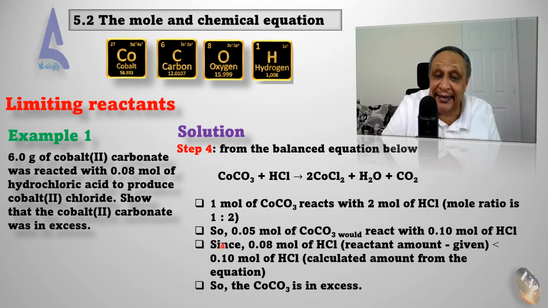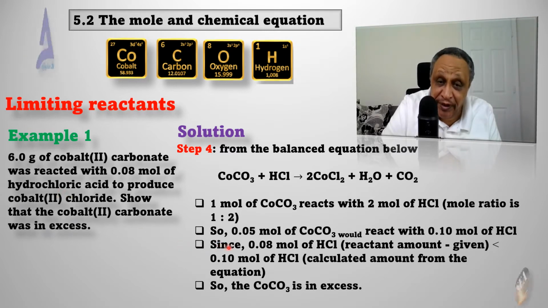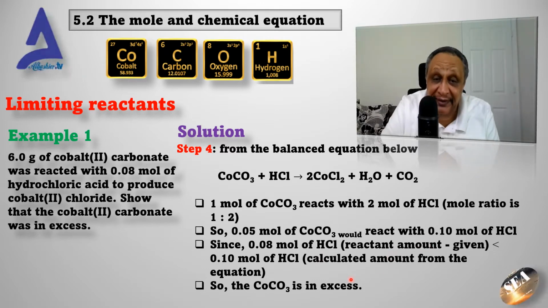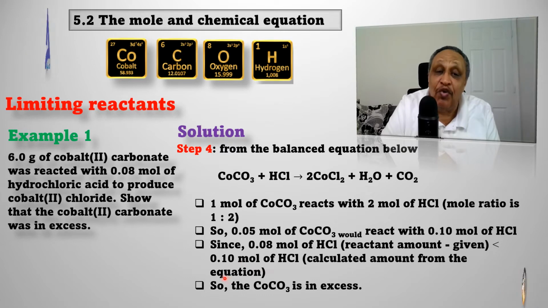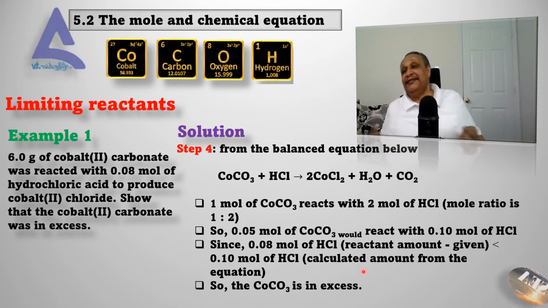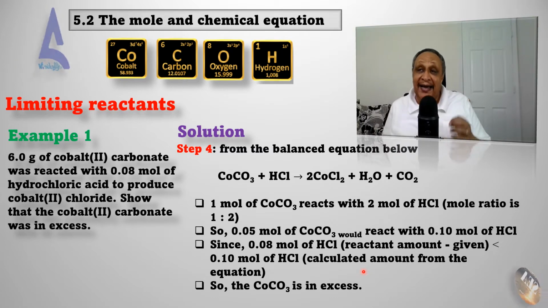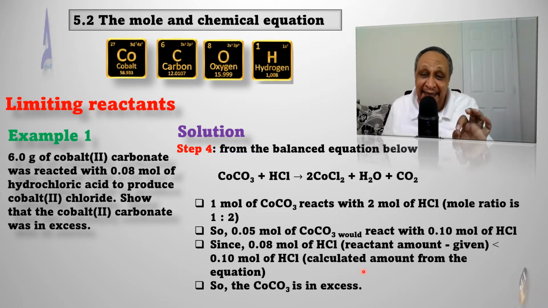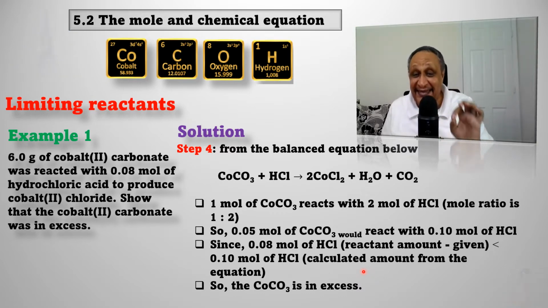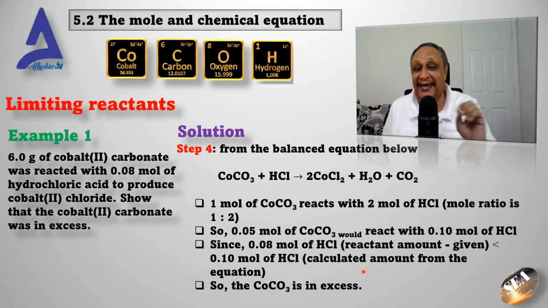So since 0.08 moles of hydrochloric acid, which is the reactant, and this is given, is less than 0.1 mole of HCl, that means the HCl is a limiting reactant. The HCl is a limiting reactant.